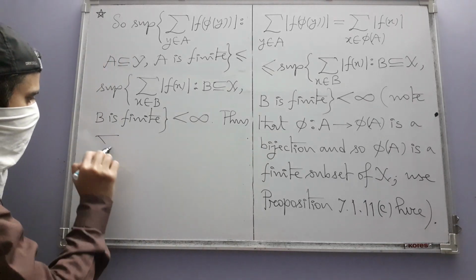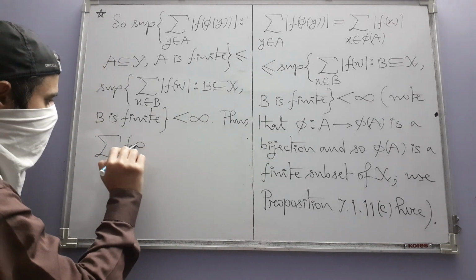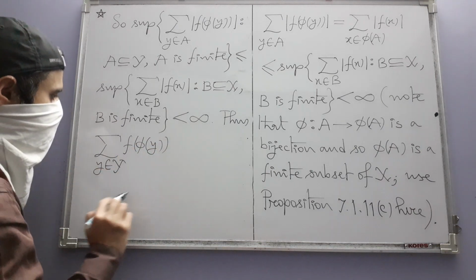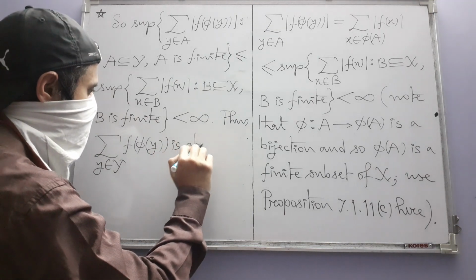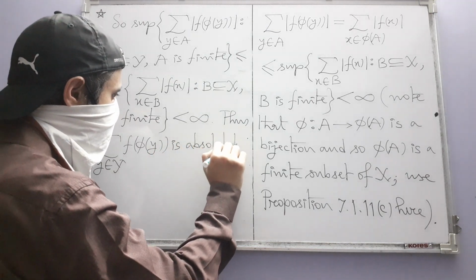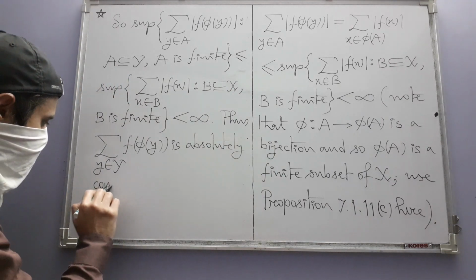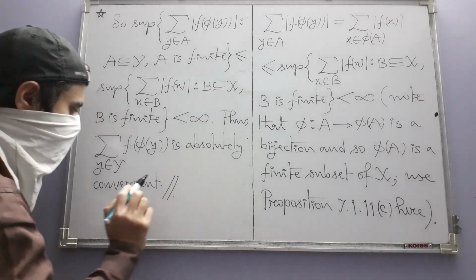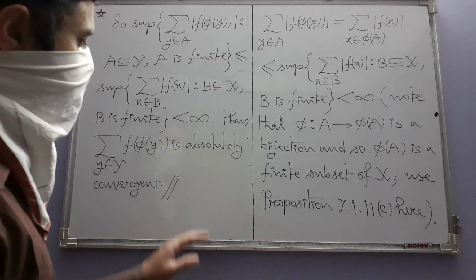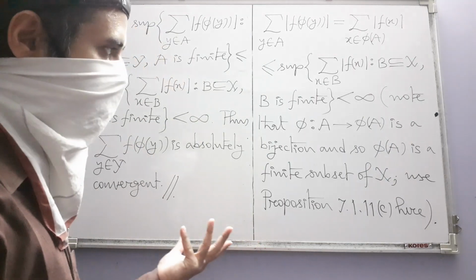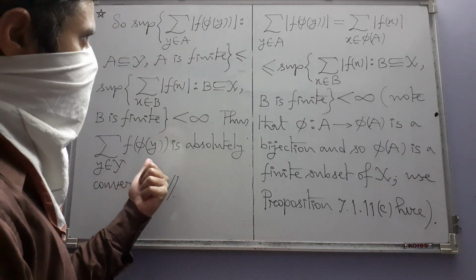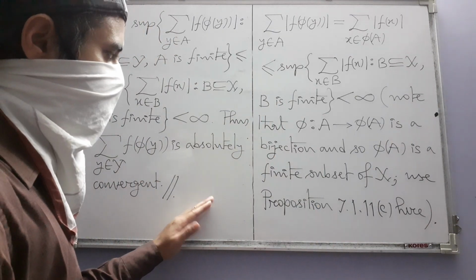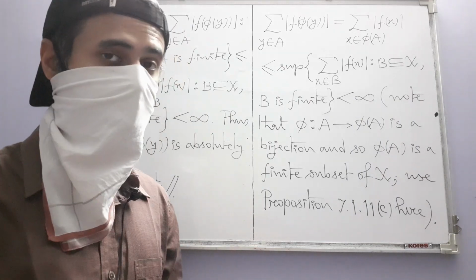Thus, this is absolutely convergent, and this actually does not complete it fully, it will be completed provided you show that the sum of this is equal to the sum of that other series. And when you do that, this exercise is finally over.